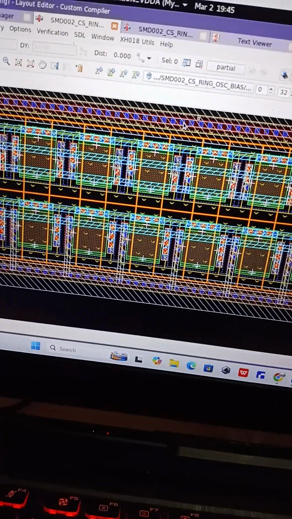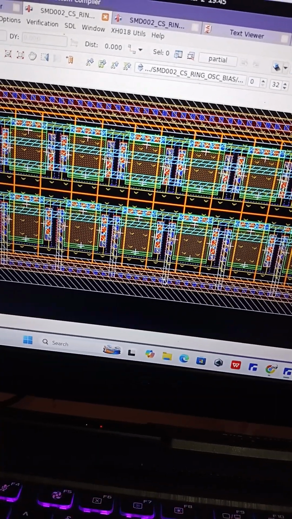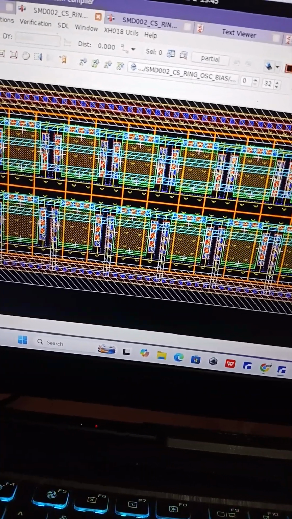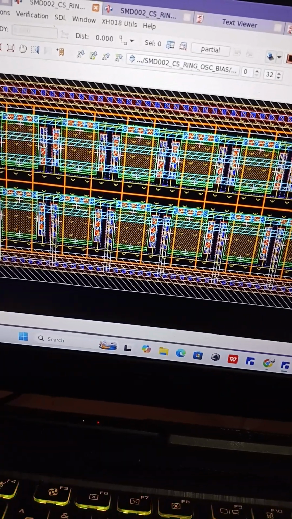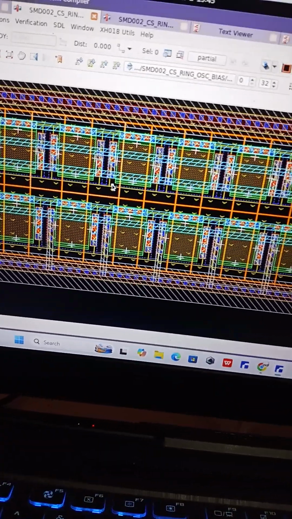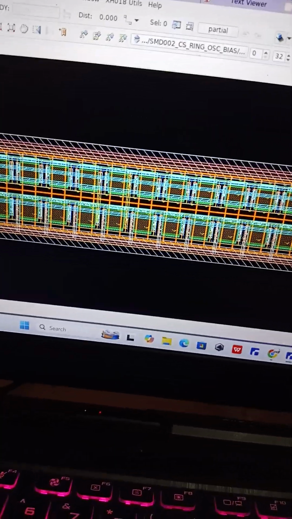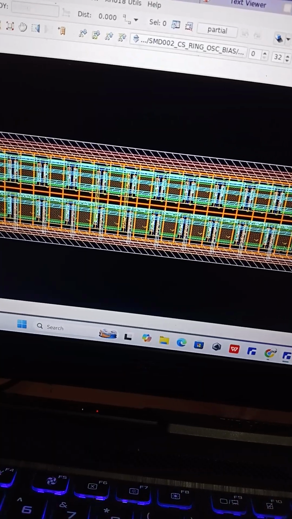guard ring. The guard ring is basically to provide the power source to the transistors, and also to protect or guard all of them, right? And as you can see here, we actually arrange the transistors in 2 rows.